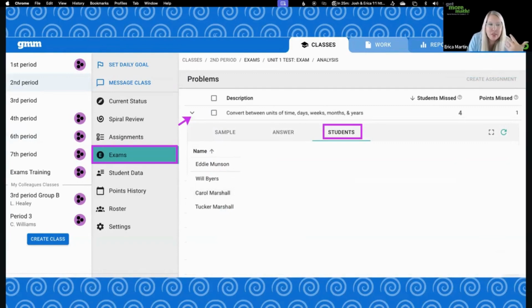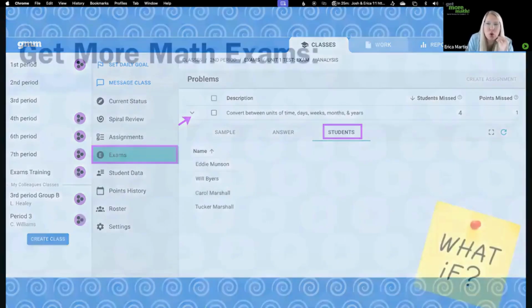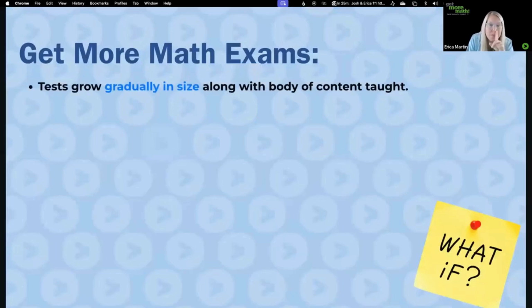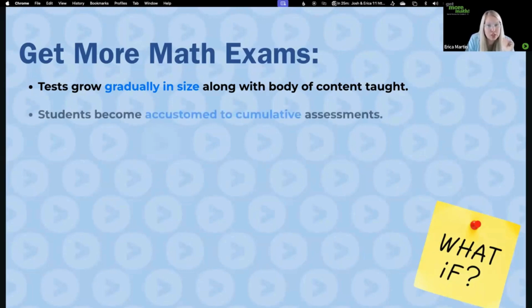So the data that you're going to be provided, no matter if you're making cumulative assessments or weekly quizzes or chapter tests or midterms or benchmarks, the assessment tool is so powerful because your tests can gradually grow in size along with the body of content that you're teaching.